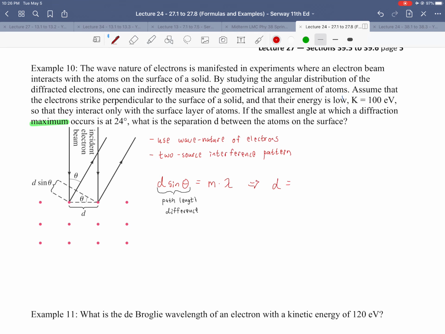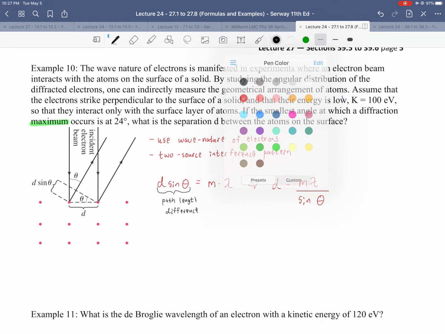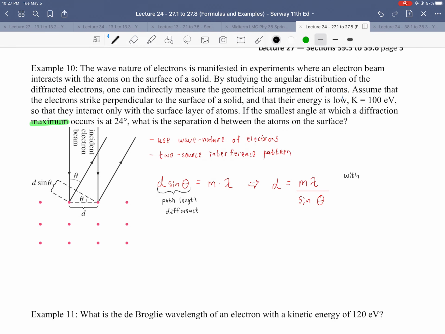So if we're talking about a maximum, that's constructive interference of our waves. That means d, our atomic spacing, will just be m lambda divided by sine theta, and m is going to be 1 for the first maximum.